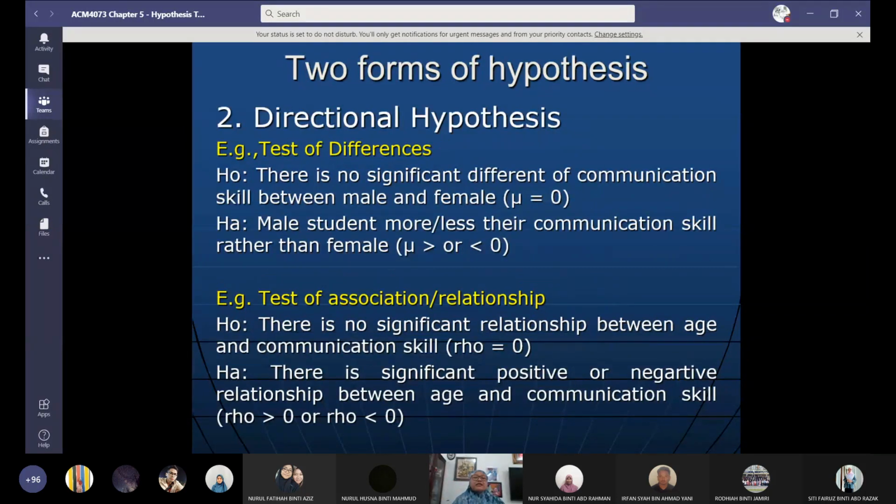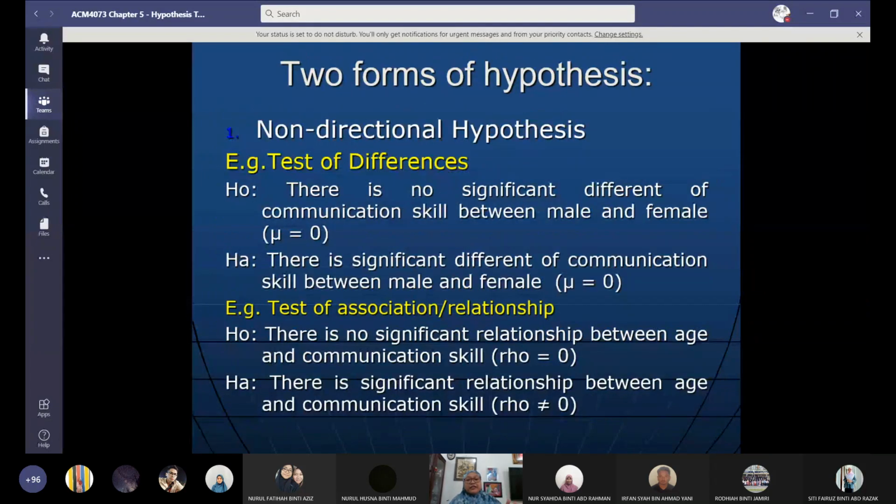But directional hypothesis, the null hypothesis should sound there is no significant, while alternative hypothesis will sound this way. Male students have more or less communication skill than female.